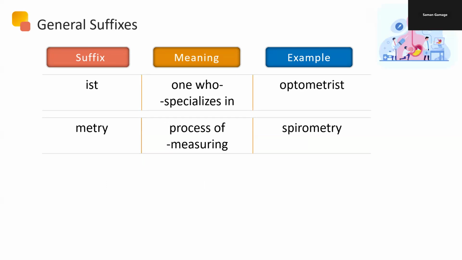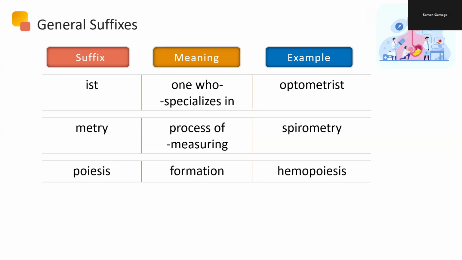Optometrist, the person who has specialized in measuring the eye in order to provide the strengths of lenses. Spirometry, the process of measuring respiration. Poiesis is formation. Hemopoiesis is formation of blood.